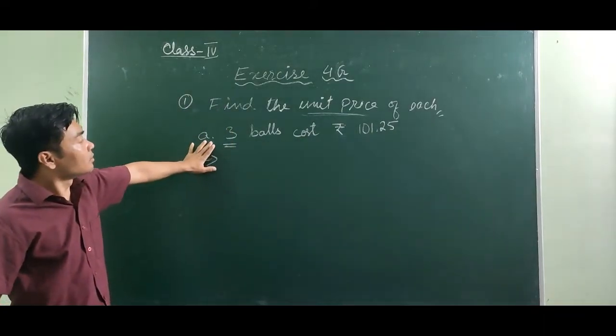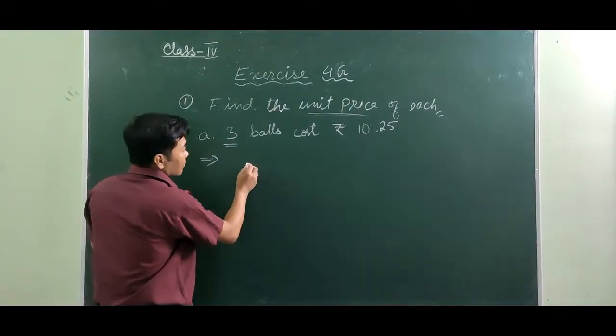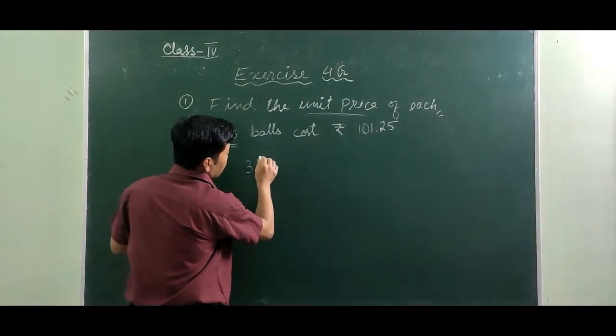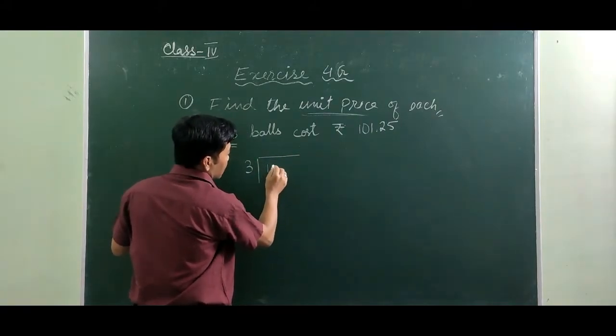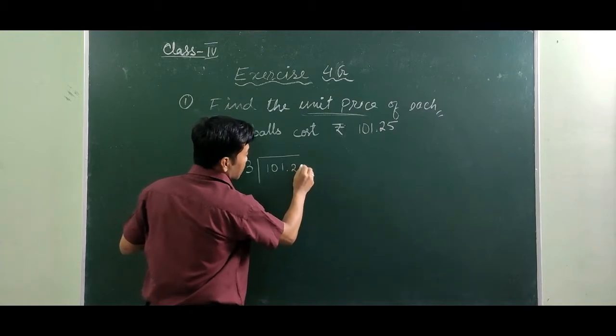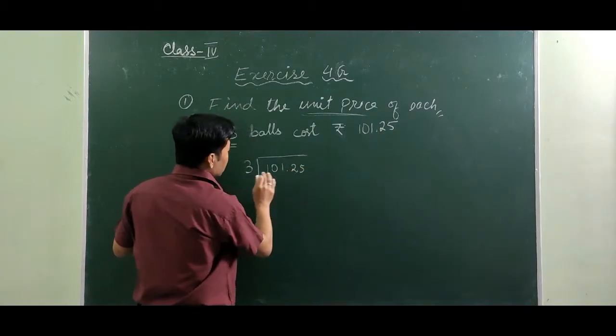we have to divide this 101.25 by 3. Now let's start. 3 is the divisor. 101.25 is the dividend.